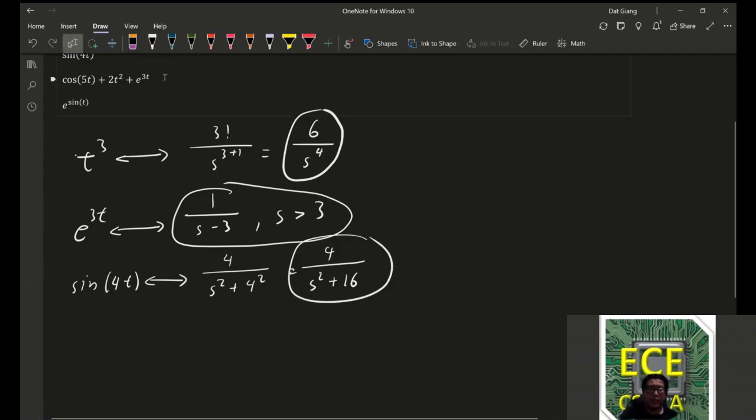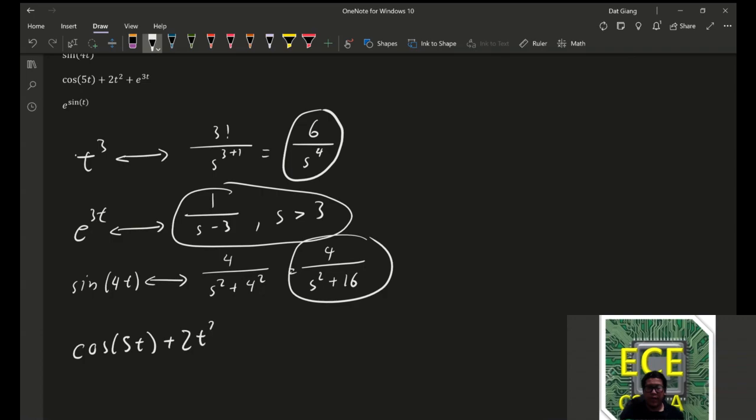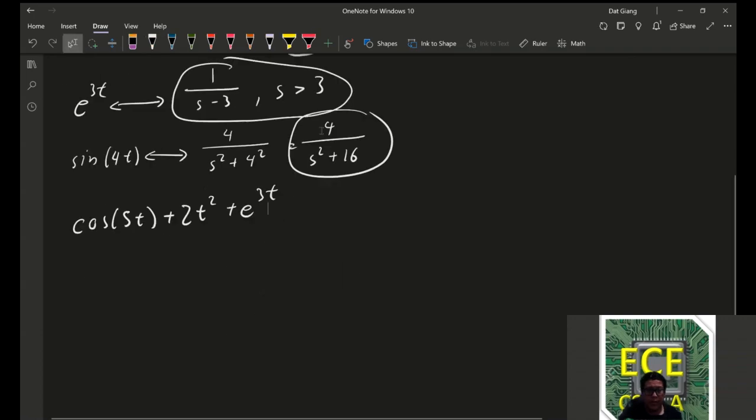And then just to hit the point home of the fact that the Laplace transform, because it's defined by an integral, is linear, we have three terms here. And we can easily find their Laplace transform pairs.